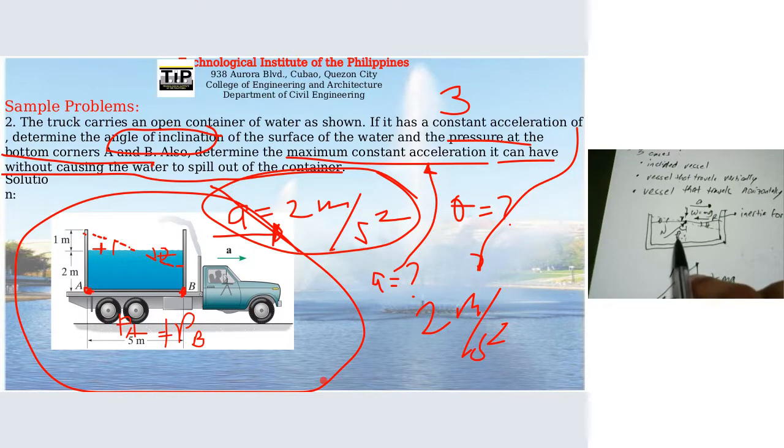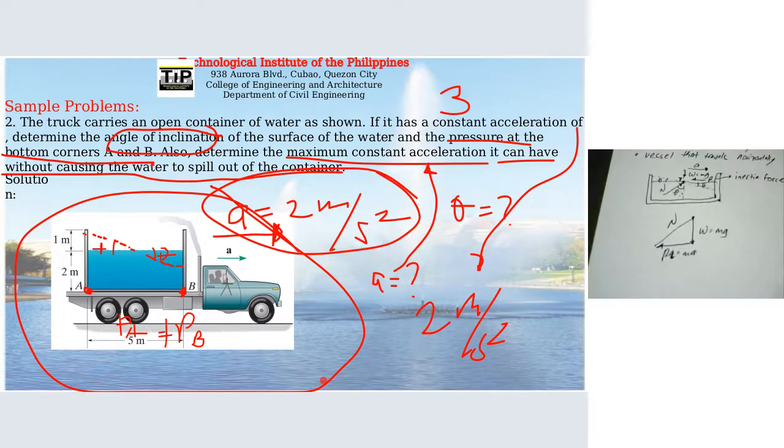Okay? This is also theta. So, in the free body diagram, ito yung theta natin. Okay?